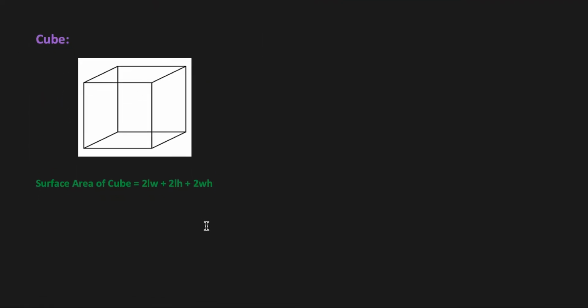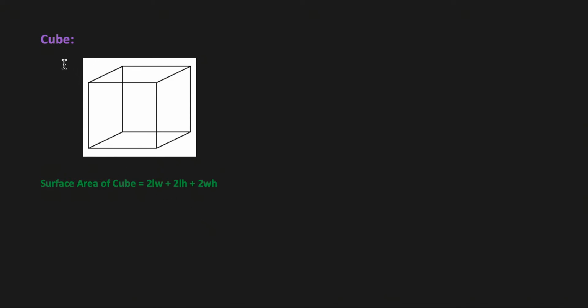So let's jump into calculating surface area for a cube. Let's say we know that the length is 4, the width is 4, and the height is 4 for a given cube. So the way we can calculate the surface area of a cube is 2 times length times width plus 2 times length times height plus 2 times width times height.